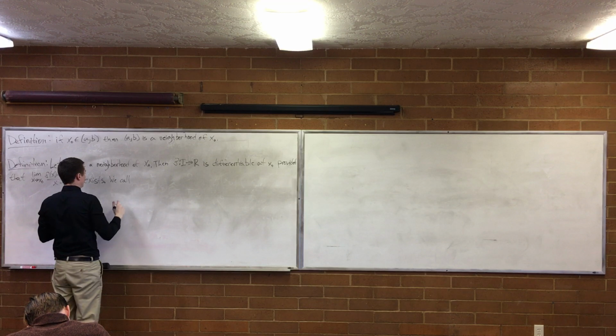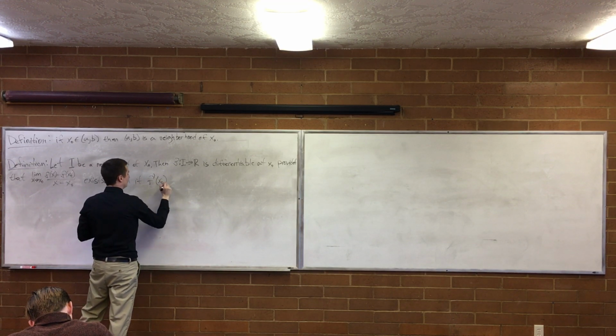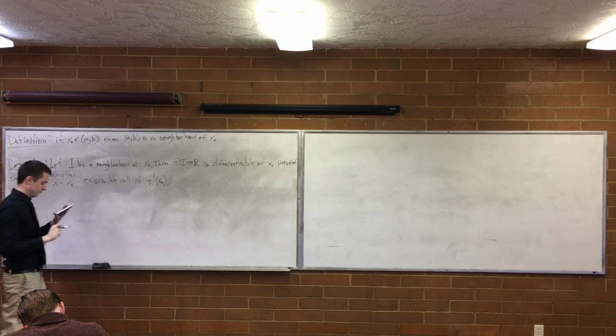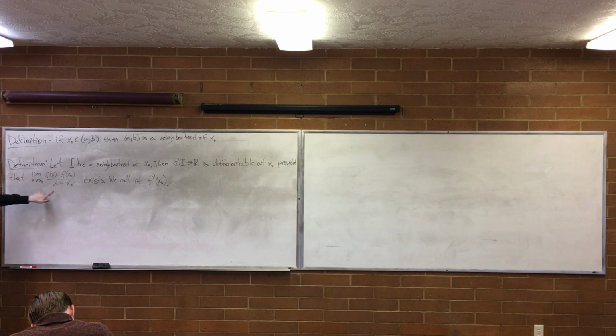We call it f prime of x naught, whatever that limit is. And we call it the derivative. Whatever the limit of this thing is, the derivative of f at x naught.